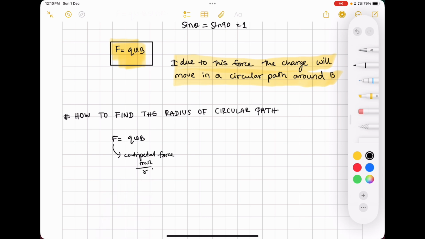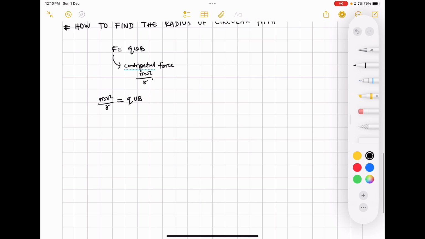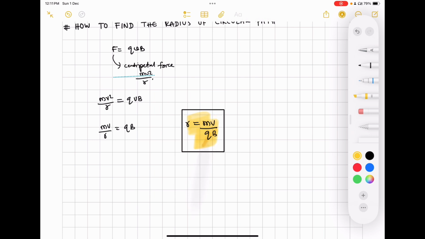So we equate mv square by r is equal to qvb. Cancelling one v, mv by r is equal to qb, so r is equal to mv divided by qb. This is the radius of the circular path, where m is the mass of the charge, v is the velocity, q is the magnitude of the charge, and b is the magnetic field.